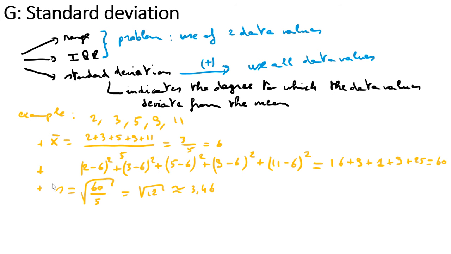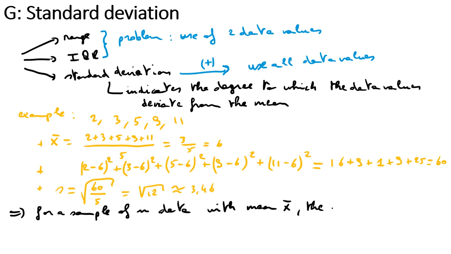So we can say for a sample of n data with a mean x̄, the standard deviation, we call it S, is equal to the square root of the sum of the deviations from the mean squared, divided by the number of values.